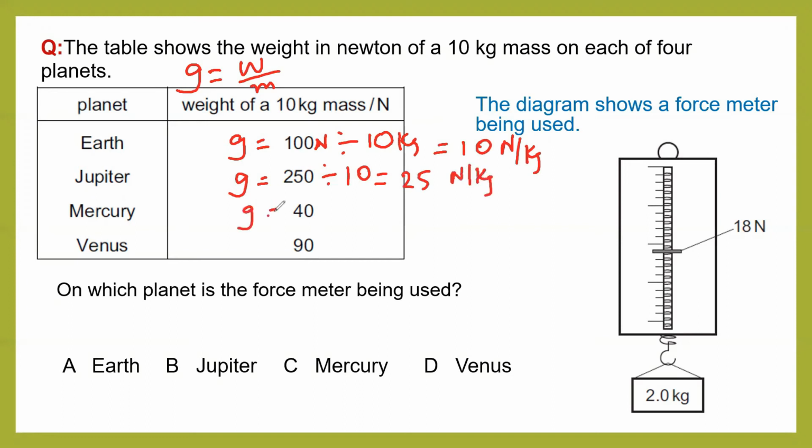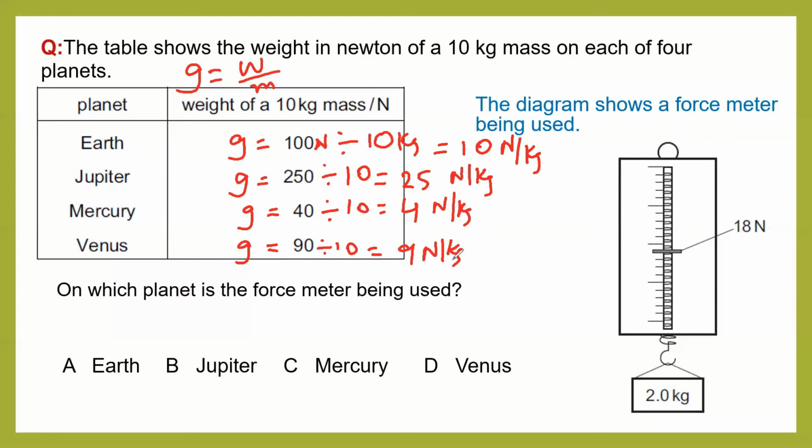So the value of G for Mercury, 40 divided by 10, that's going to be 4 newtons per kilogram. And in case of Venus, the value of G, 90 divided by 10, that's equal to 9 newtons per kilogram. Now, I'm going to see for this planet.